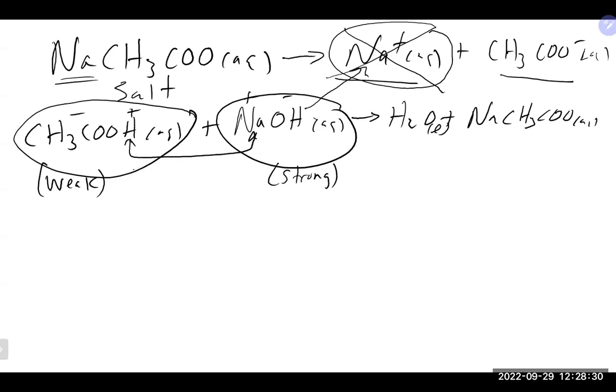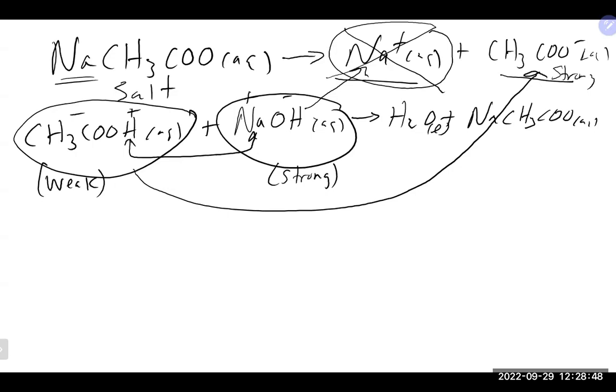The acetic acid is where the acetate came from. So the acetic acid is weak, which means the acetate here is going to be relatively strong, right? And in this concept, it's basically going to be strong enough to continue to react with water.